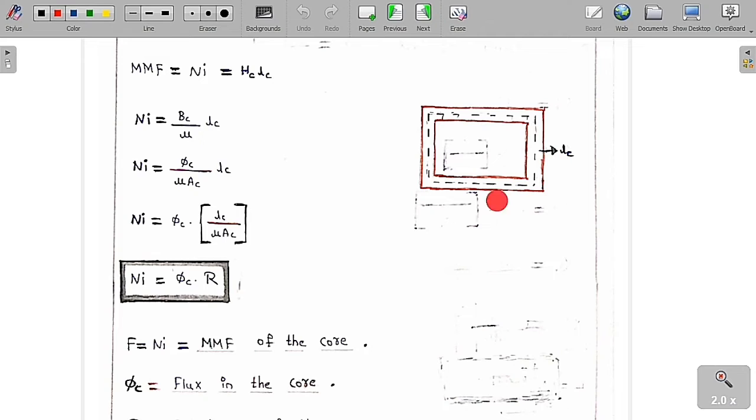Lc is called the mean length of this core. Therefore Ni is equal to flux into reluctance of the core. So F is equal to N into I, which is called the MMF of the core, because of which the flux is going to be produced in the core, and phi c is called the flux in the core.